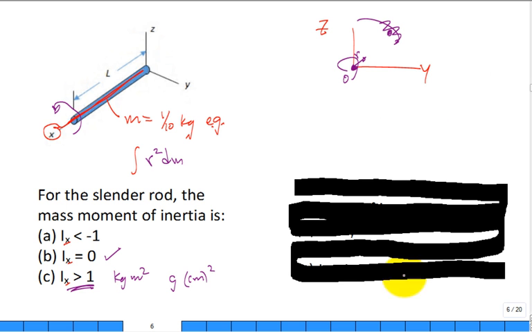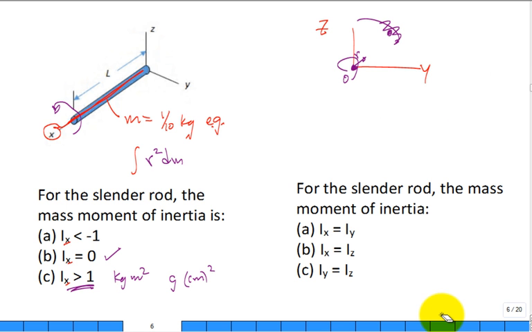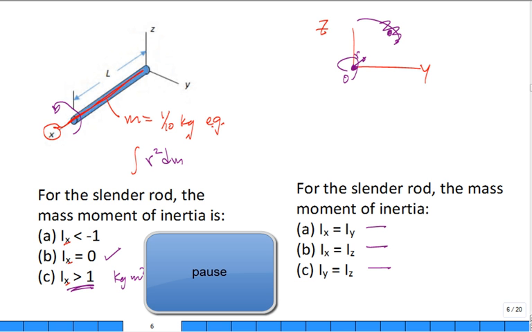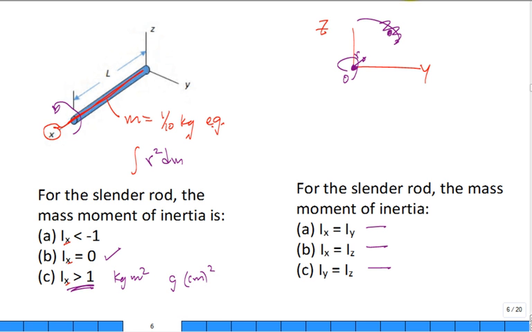Okay, here's another question. For that slender rod, what is the mass moment of inertia? There are 3 equations. Which one is true? Is Ix equal to Iy, Ix equal to Iz, or Iy equal to Iz? Okay, so basically if you're looking at Iy, it's how it spins in the xz plane, right?